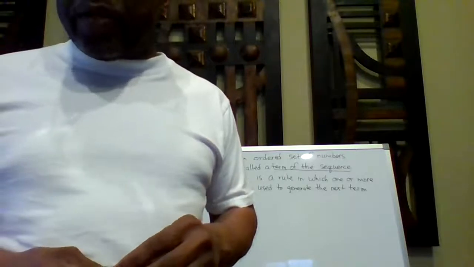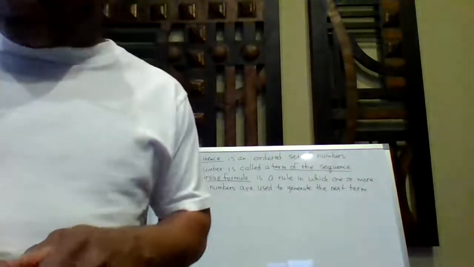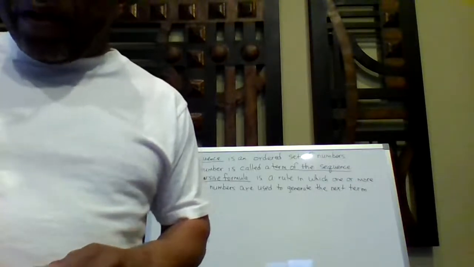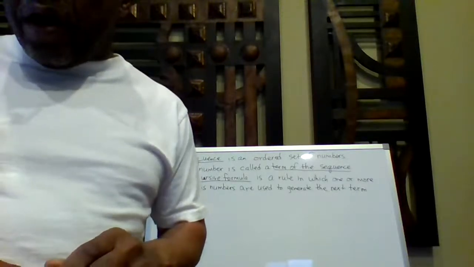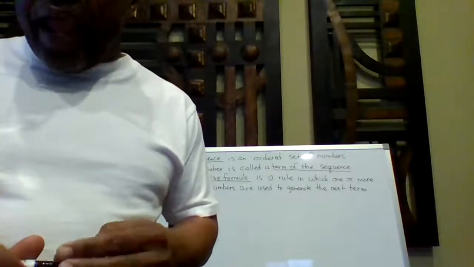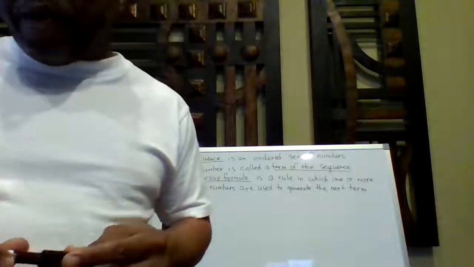So I want to spend a few minutes on showing you how to find the next consecutive terms in a sequence. If you will look at number 1 on lesson 12.1 reteach page 6, the instructions say find the first 5 terms of each sequence. The first term is given, a sub 1. That 1 represents the term number.